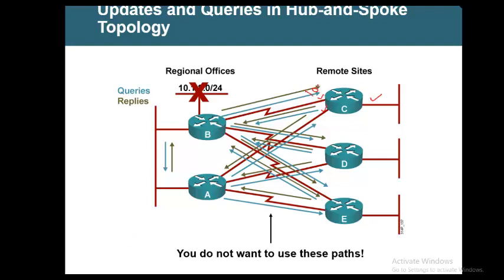Let's say here 10.16.0.0/16, here 10.24.0.0/16, here 10.96.0.0/16. So C will tell B, hey, these three subnets, I guarantee.